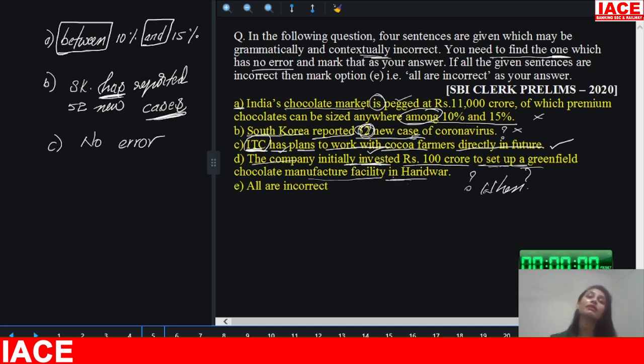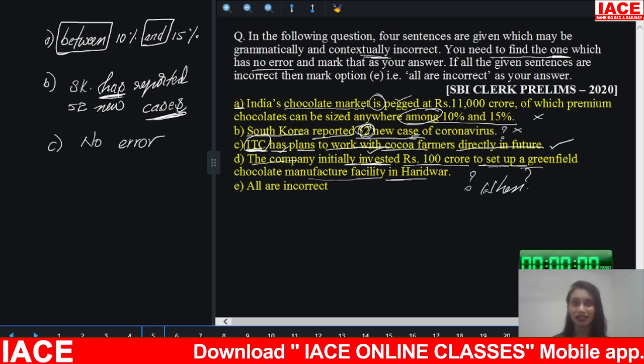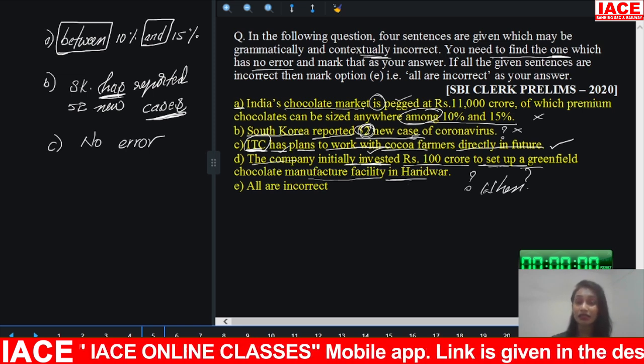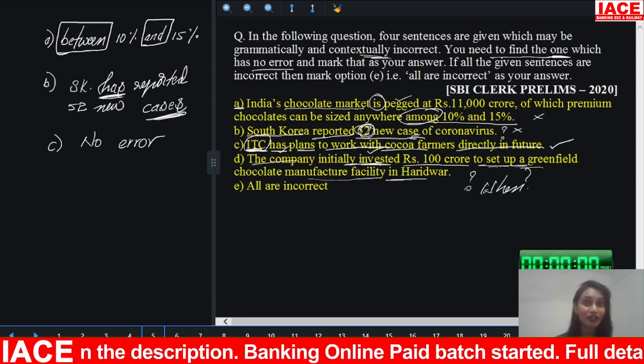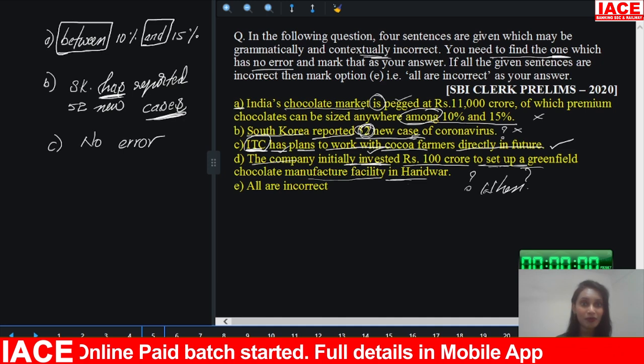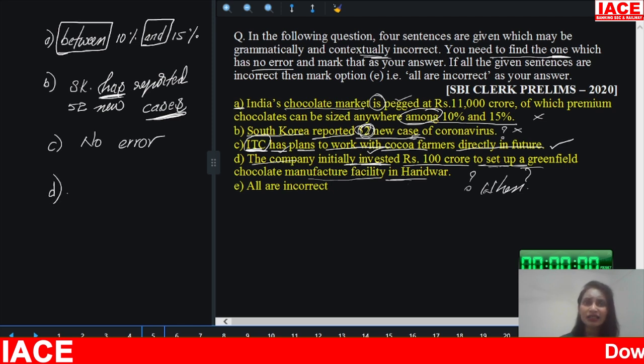That means here, except for South Korea sentence, all these three sentences are expressing similar things, chocolate things, right? So the sentence expresses it's already invested, initially invested. That means it's already taken place. So we better go ahead with past perfect. However, if it is only a single sentence without any connection, you can go with present perfect too.